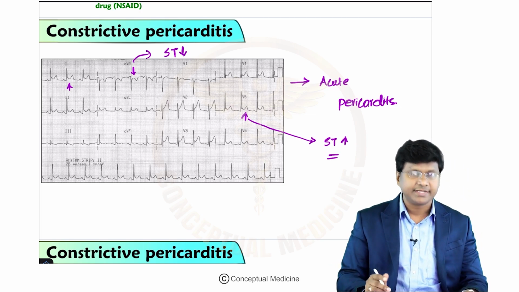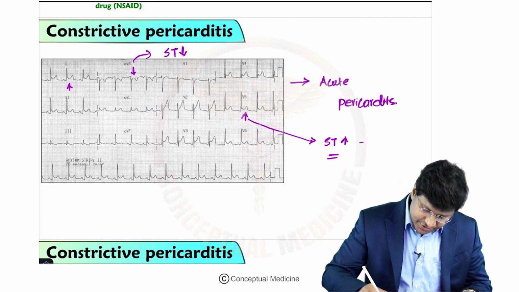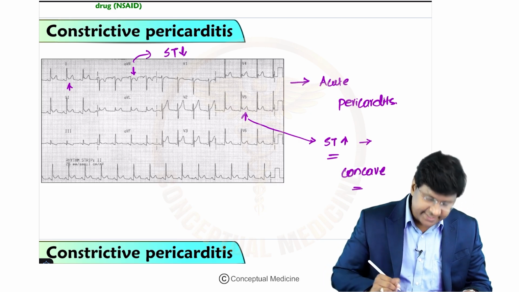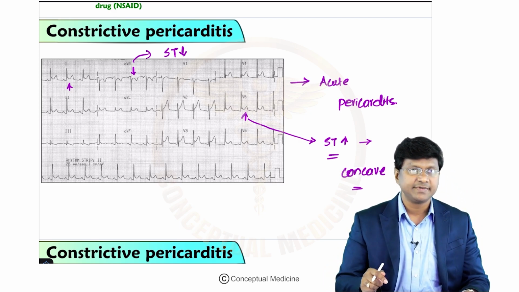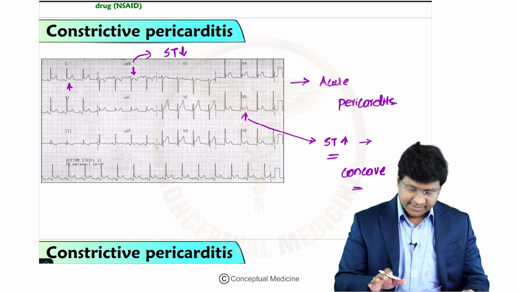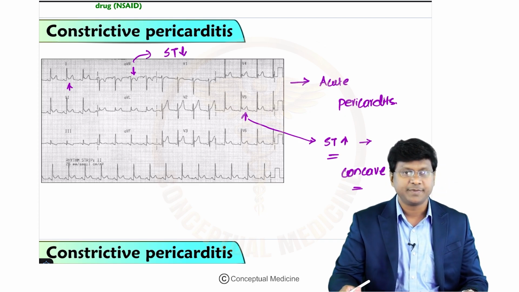Whereas in all other leads, you have the ST segment elevation. And this ST segment elevation is concave ST segment elevation. Okay, that is what you will see in patients with acute pericarditis.